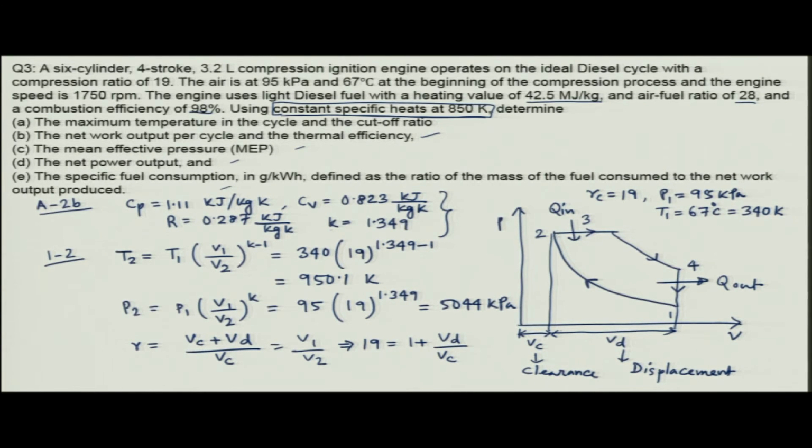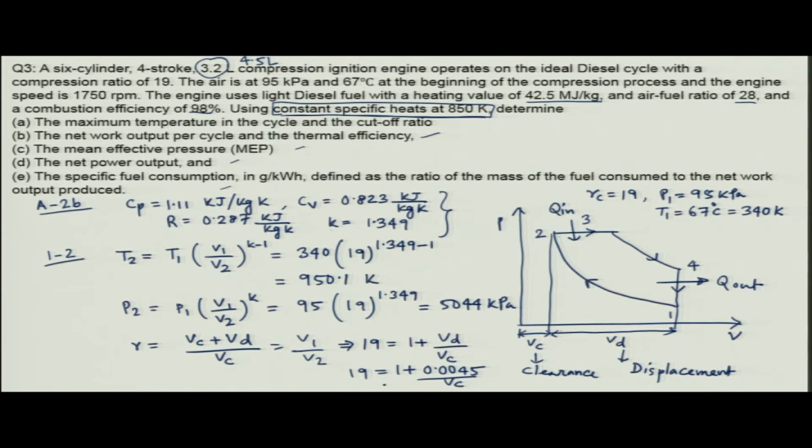I think there is some typo in this. It should be 4.5 liter. So, I can write 1 plus Vd, the displacement volume, which is 4.5 liter. I can write it in terms of meter cube, which is nothing but 0.0045, and Vc.